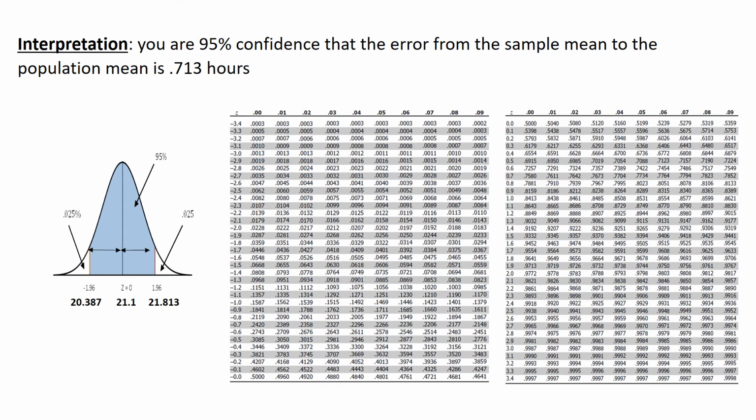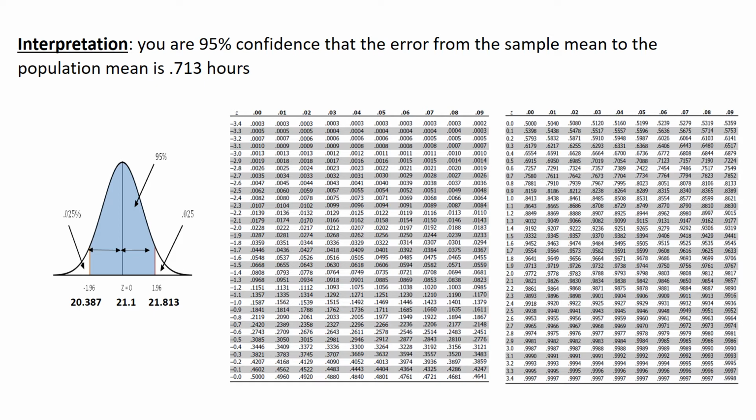So let's see how I arrived at that 1.96. My curve here is 95%. I'm looking at a 95% confidence interval. Or if I took 100 different groups, 95 of them would fall within this range.